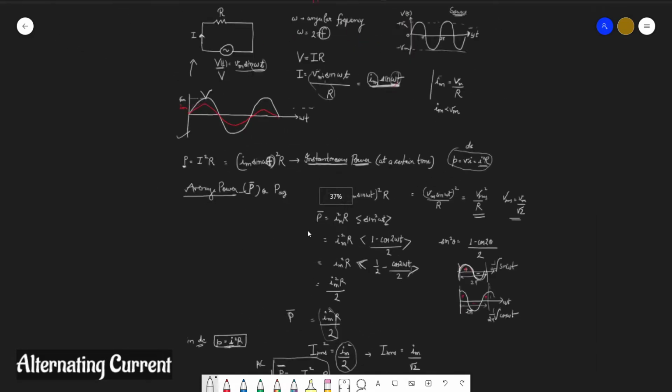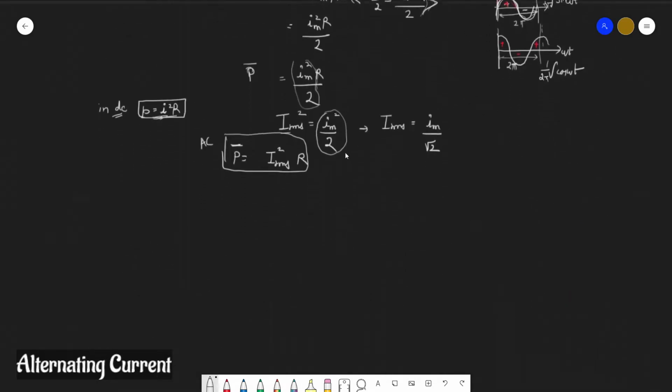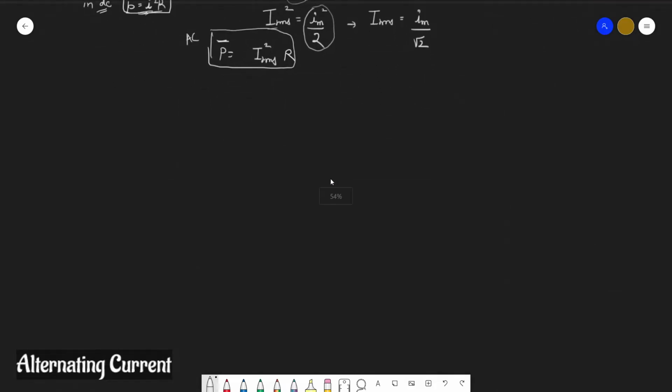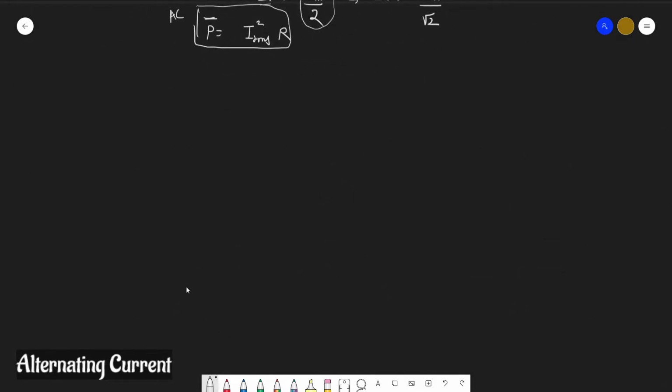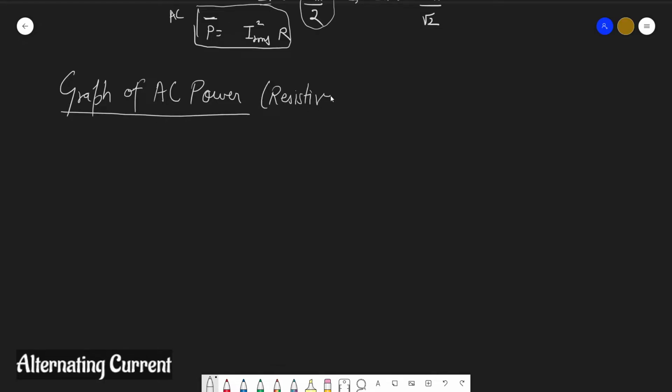We will see the graphs for power, the graph of AC power, in a resistive circuit. We are dealing with the resistive circuit, that is, only a resistance is connected and excited.